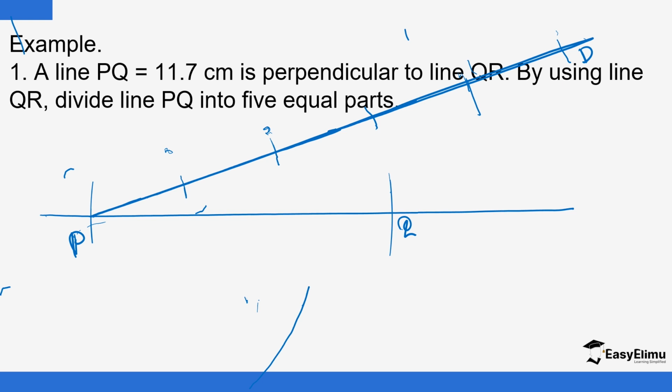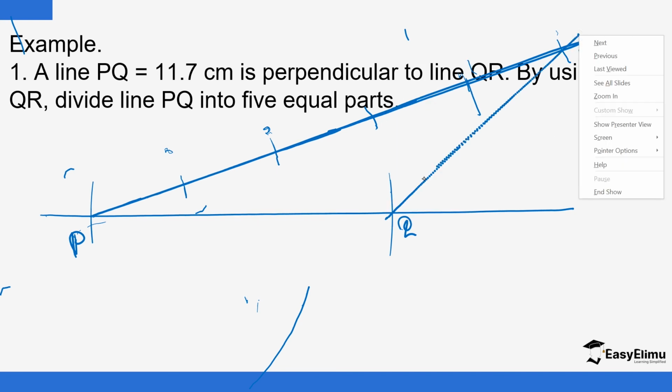So I'll join Q to D. Then I'll draw lines that are parallel to the line QD and passing through these given points. So I will have to slide now my set square. The first line is this one here.